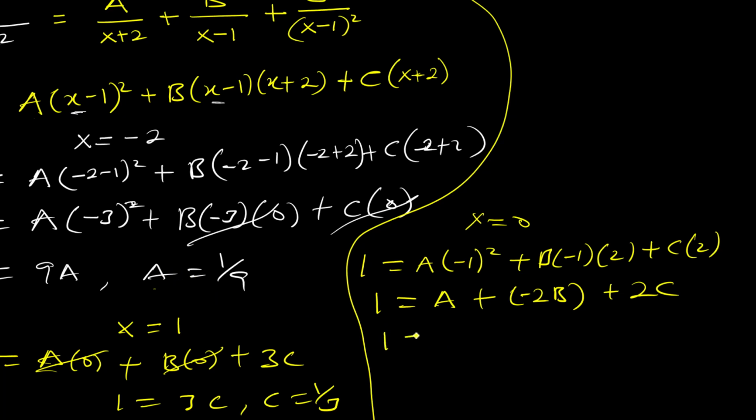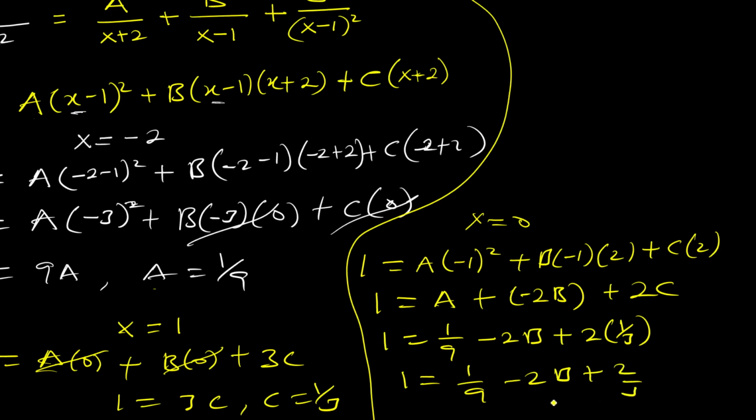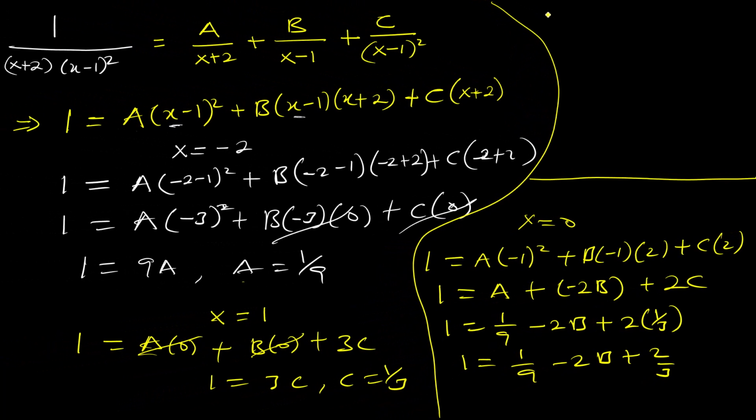So we have 1 equals A, which is 1 over 9, minus 2B, plus 2 times 1 over 3. So we have 1 equals 1 over 9 plus 2 over 3, minus 2B. Let me multiply through by 9.